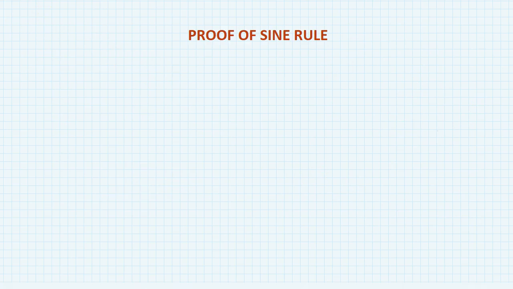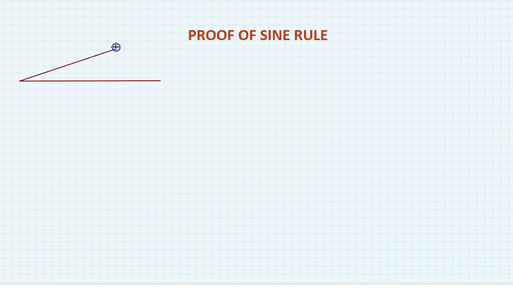Now the proof of the sine rule. In a triangle, the way we proved the cosine rule, if you remember that, this is a triangle. The vertices are A, B and C. This is C, this is A and this one is B. Now let's make it a right angle triangle by dividing it into two.